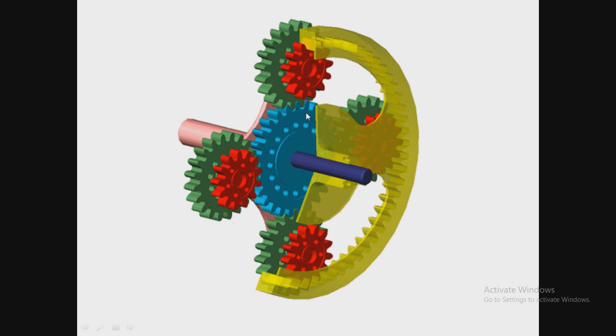The central blue one is the sun gear, the outer one is the ring gear or annular gear, and these are the planetary gears, or we can say the compound gear. On a single shaft there are two gears. One gear is in mesh with the sun gear and the other gear is in mesh with the ring gear. Such a combination is called a compound epicyclic gear train.